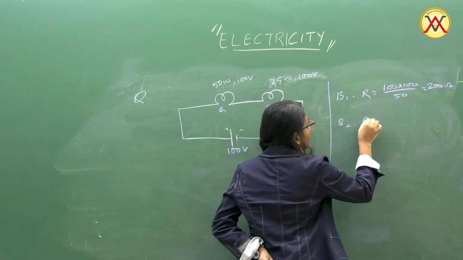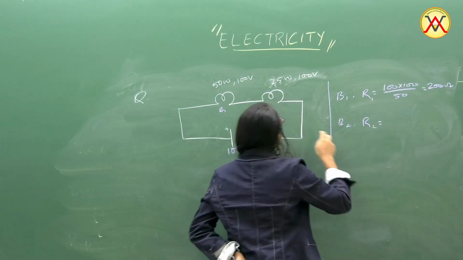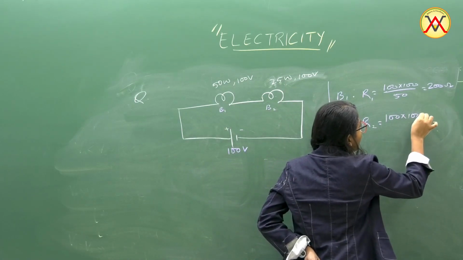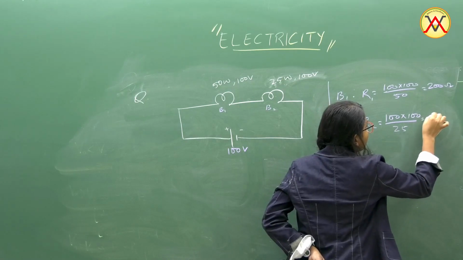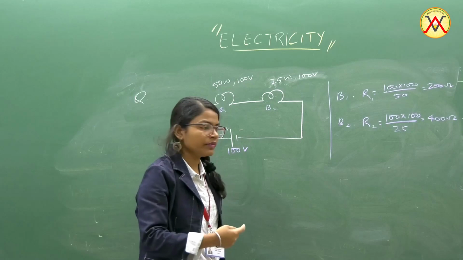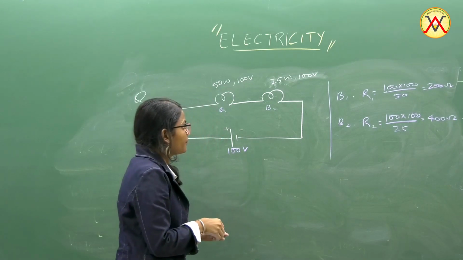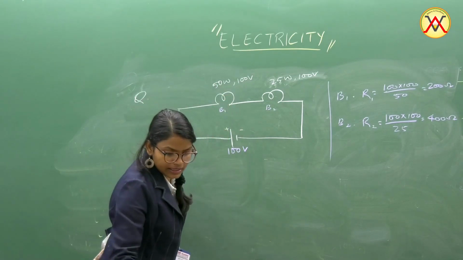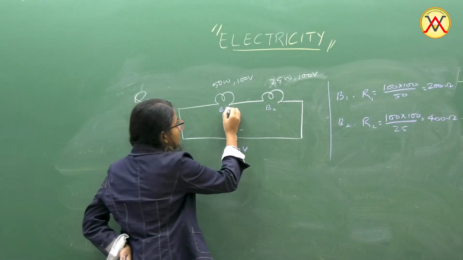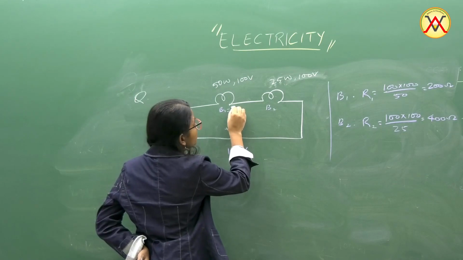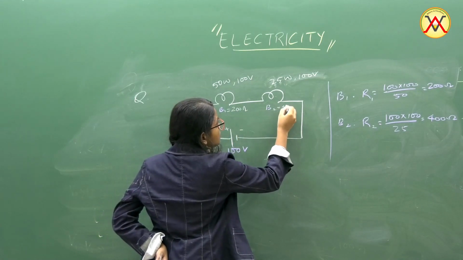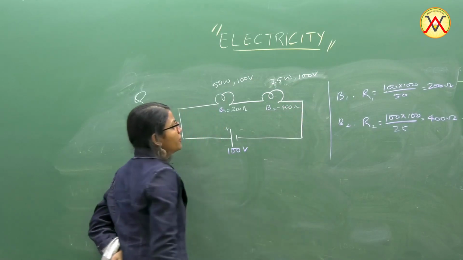For our second bulb, our resistance would be again V square by P, 400 ohms. So B1 equals 200 ohm, B2 equals 400 ohm.